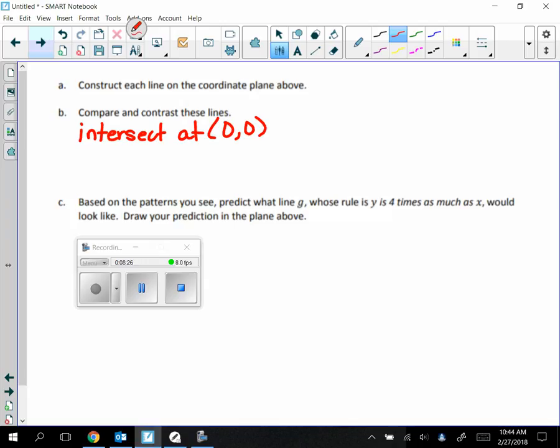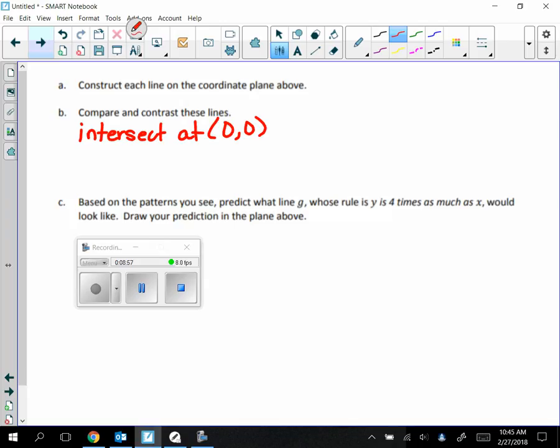Because this E is going up twice as much, but F is going down. It's going fast. Right, because line E is double x.